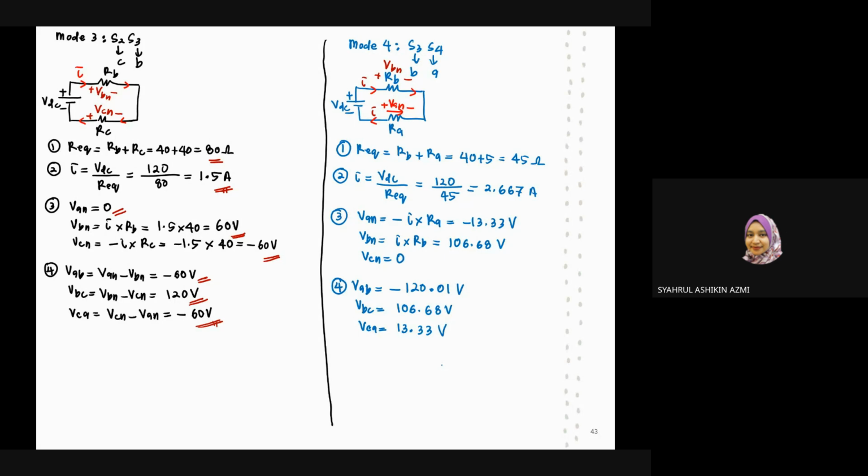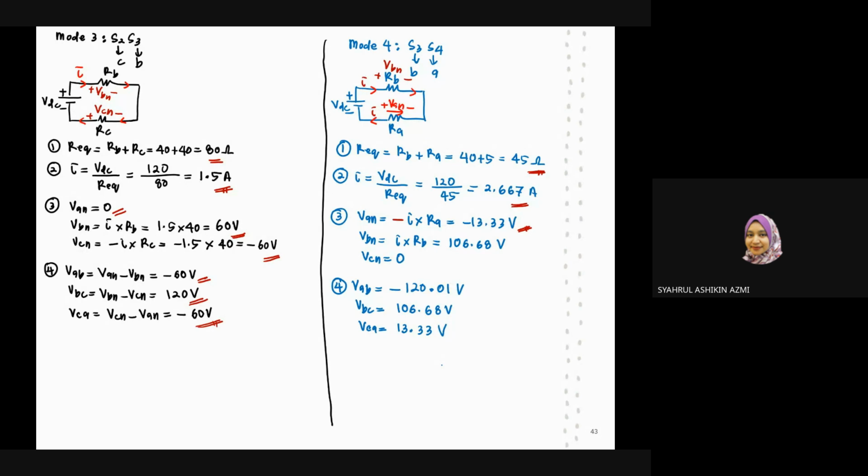So you get 45 ohm. Okay. The current is VDC over R equivalent. You will get 2.667 ampere for the current. VAN, since your RA is connected at the negative terminal, don't forget to include the negative sign here. So you get negative 13.33 volt.